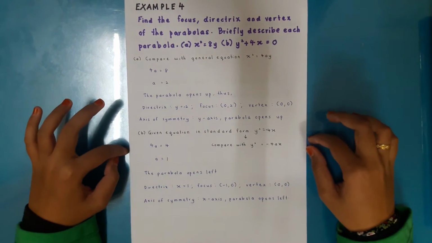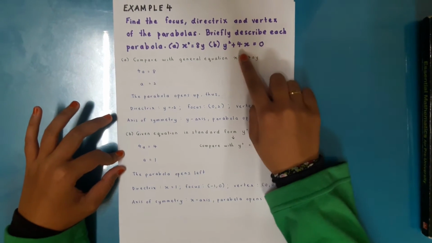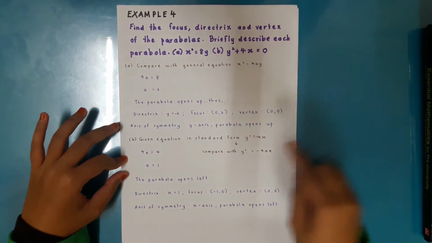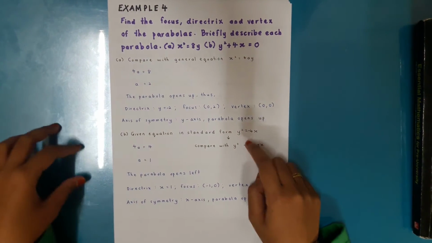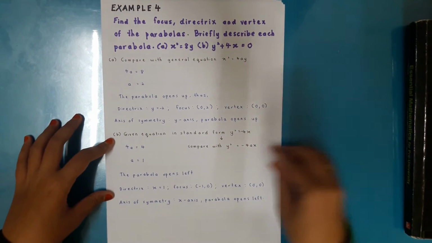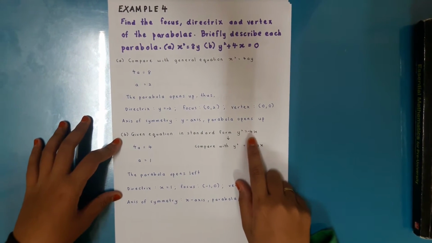For the second question, y squared plus 4x equals 0. We put the y squared on one side and the other term on the other side. So we get y squared equals negative 4x.